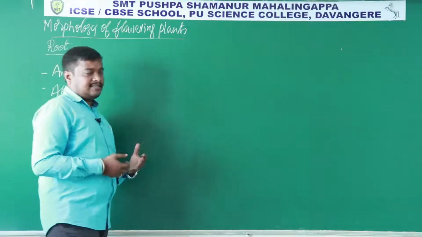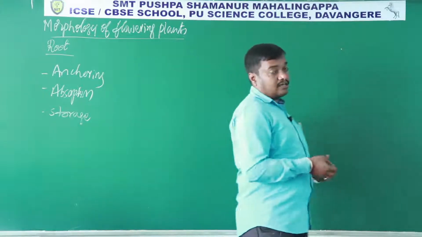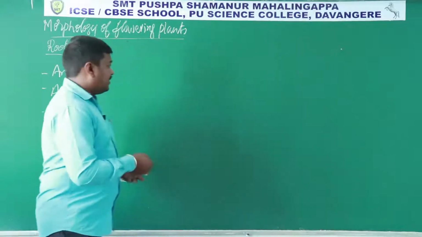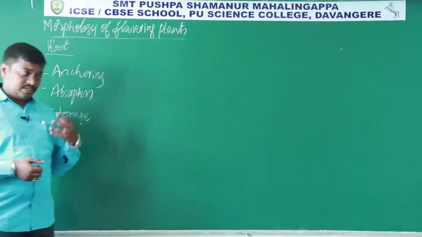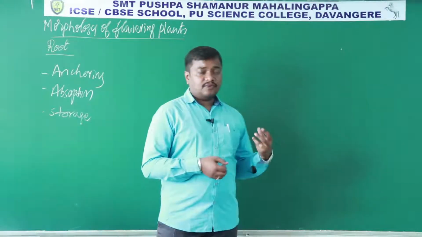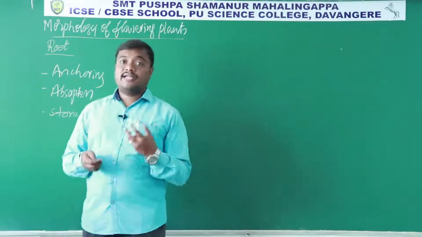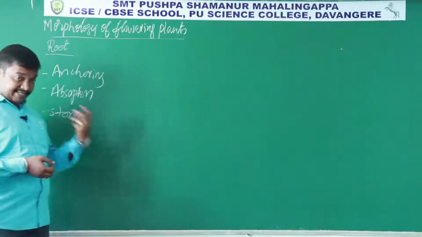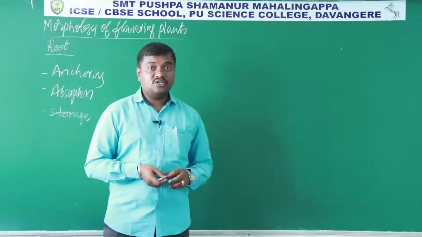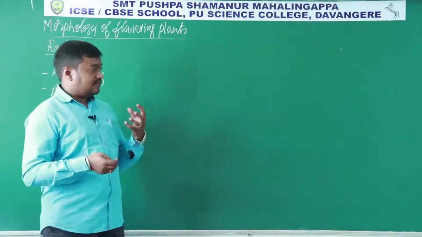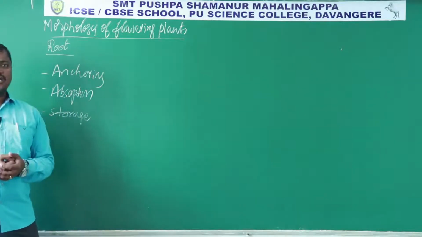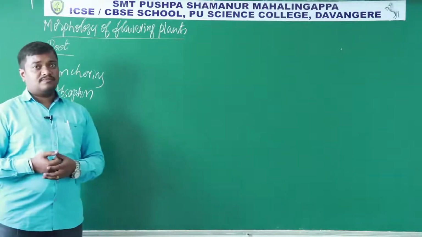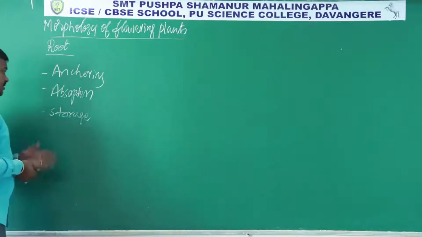An example of conical is carrot, napiform is beetroot or turnip, and fusiform is radish. We also discussed the adventitious root modification for food storage. The example is sweet potato, which gets modified to store food. We also discussed asparagus, which has fasciculated roots, where many roots are swollen to store food, forming numerous root tubers.